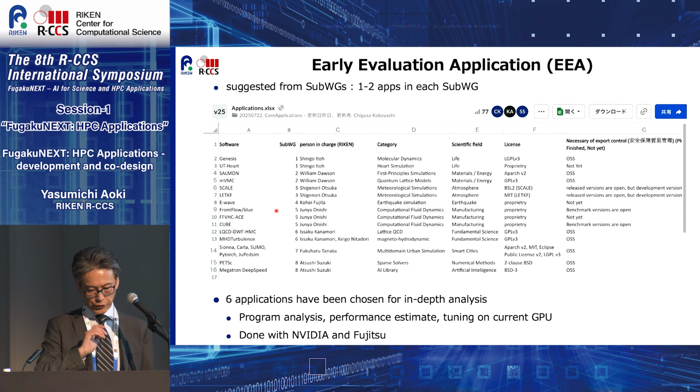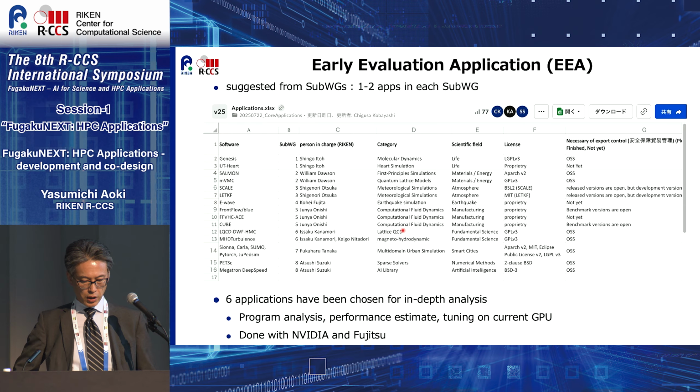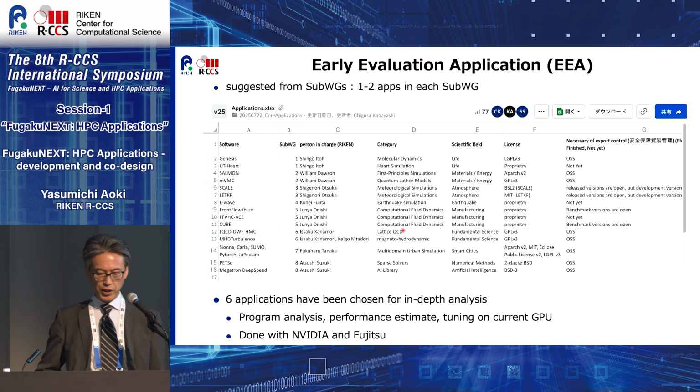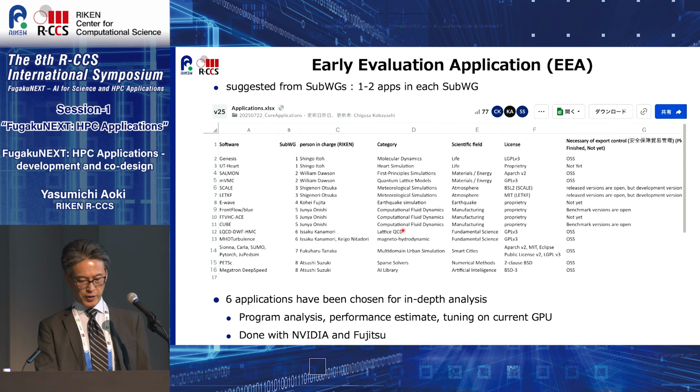So there are like 14 or 16 applications now, and this fiscal year, especially, we started with the detailed analysis and the tuning of the applications for the co-design in the following years.